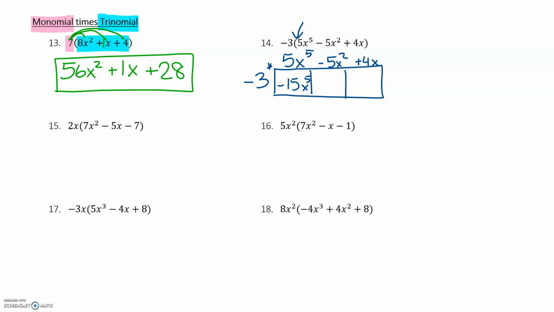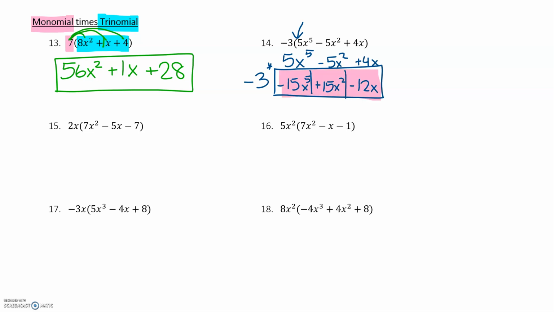And then we're multiplying this negative 3 here on the outside with the next term, which is a negative 5x squared. So a negative and a negative is now a positive 15x squared. And then the last term is the negative 3 times a positive 4x, which is a negative 12x. So inside this box right here should be our answer.